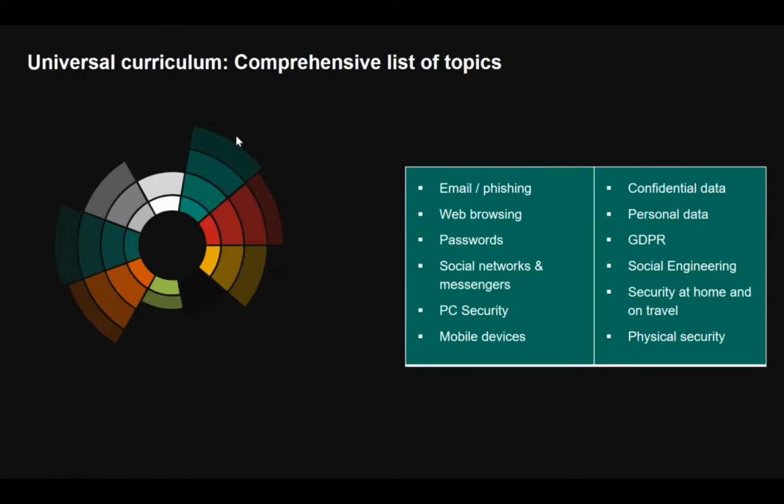Passwords, how to create passwords. Social networks, social engineering, how to secure the personal PC or laptop, mobile devices, confidential data and personal data. GDPR is also part of the ASAP topics, and physical security and security at home and on travel.